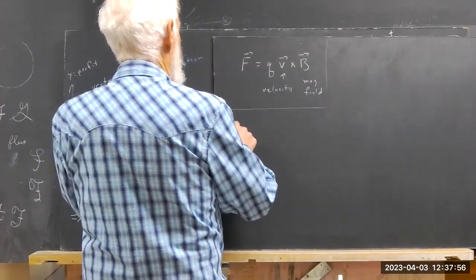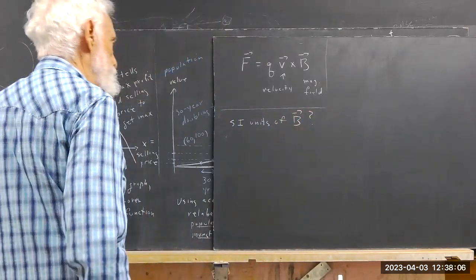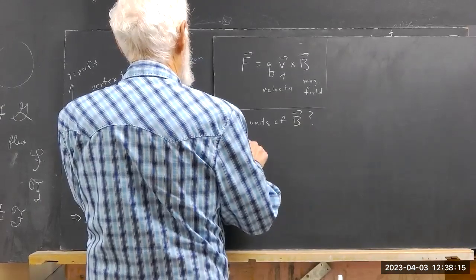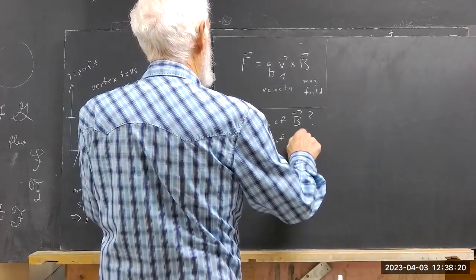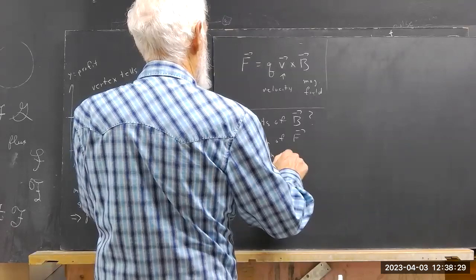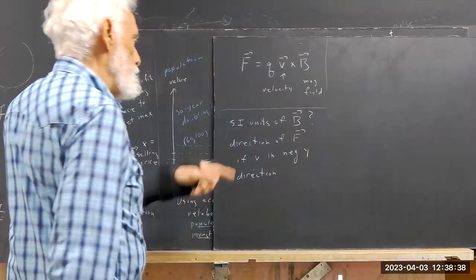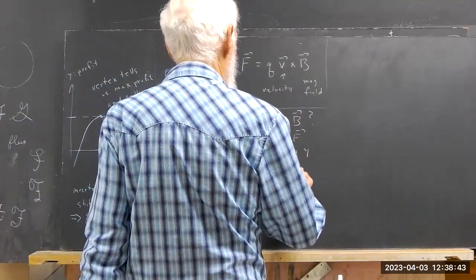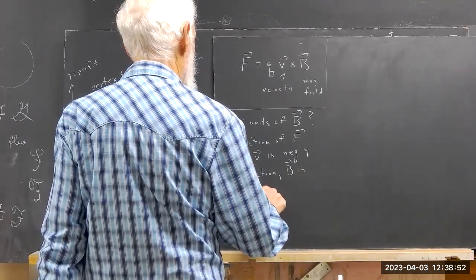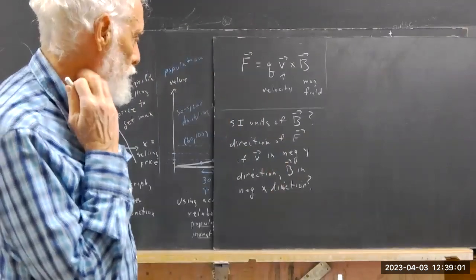What should be the units of B? And what should be the direction of F if V is in the negative Y direction and the magnetic field is in the negative X direction?